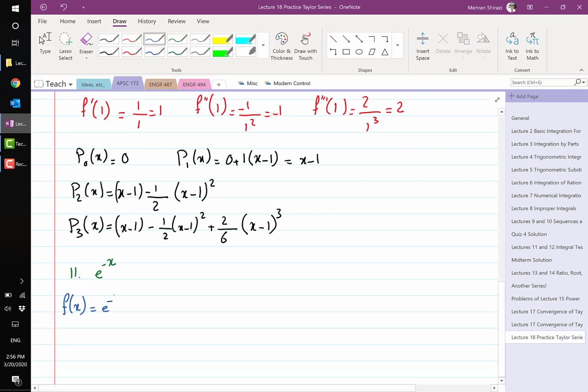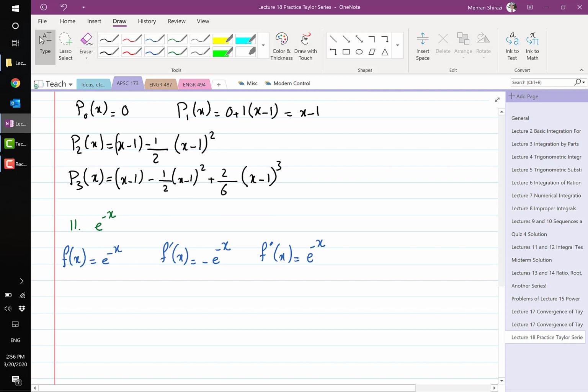f is e to the power of minus x. The derivative of f is negative e to the power of negative x. The second derivative of f is what? Negative times negative, which is positive e to the power of negative x. I think you are getting the trend. The third derivative is negative e to the power of negative x.